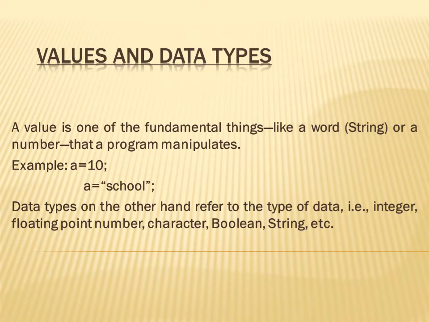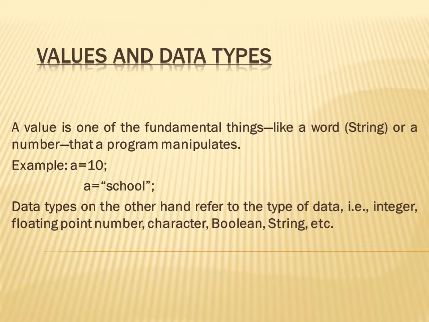Values and data types. First of all, we are going to see what is called a value. A value is one of the fundamental things, like a word, that is a string, or a number, that a program manipulates. For example, a equal to 10. Here a is the variable that holds the value, that is the number 10.